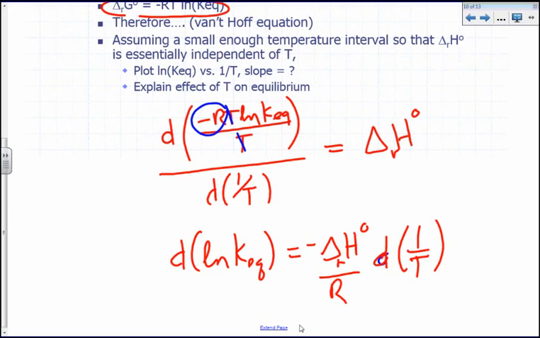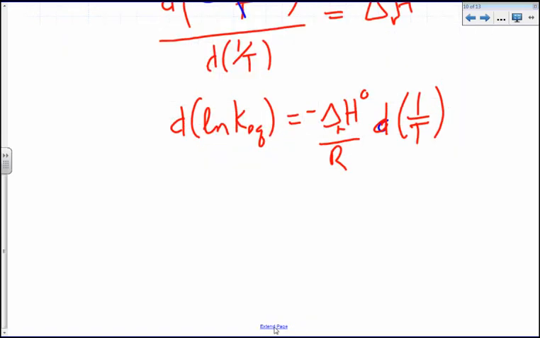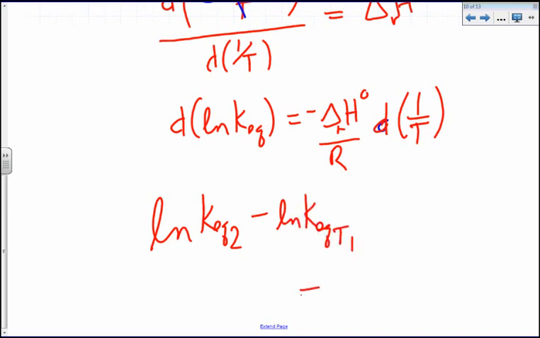If we integrate both sides of this equation, we get ln K EQ at temperature T2 minus ln K EQ at temperature T1 is equal to negative delta H over R times 1 over T2 minus 1 over T1.